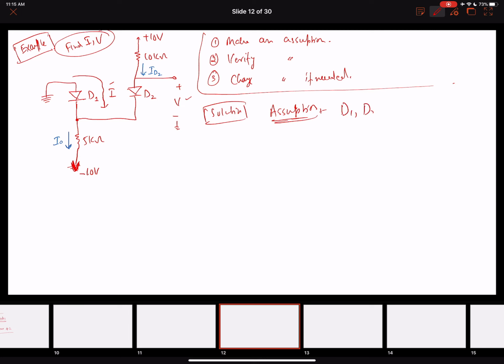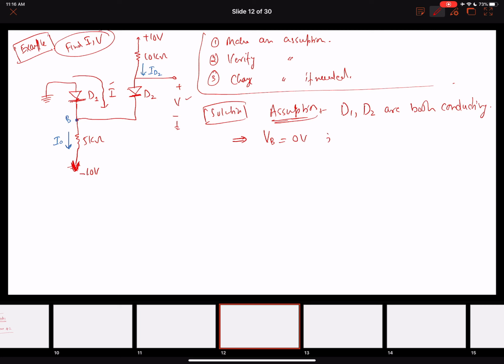So, solution. Let's start with an assumption. I'm going to assume D1 and D2 are both conducting. If D1 and D2 are both conducting, both of them will be short circuit. Let's also call this node node B. If both of these diodes are short circuit and conducting, then the potential at node B will be 0 volts.